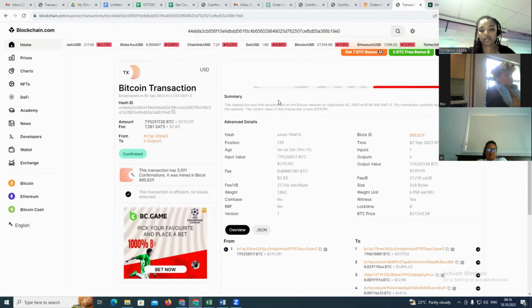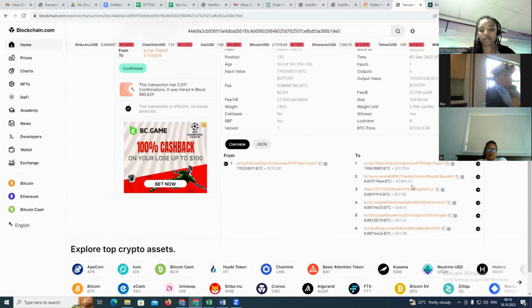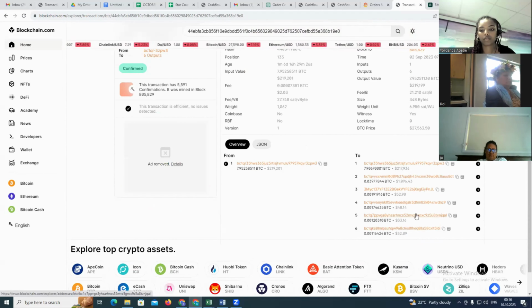I want to say this: sometimes when you're tracking on blockchain, you can have more than 200, even more than 400 outputs. For example, right now you can see funds were transferred from this wallet to multiple wallets.